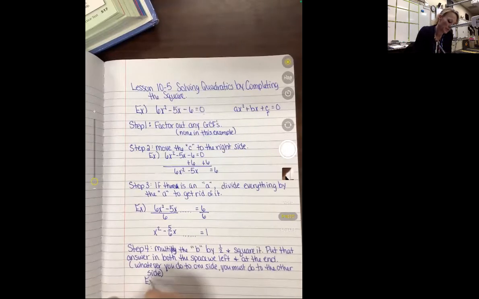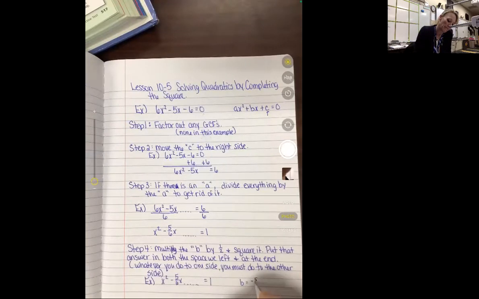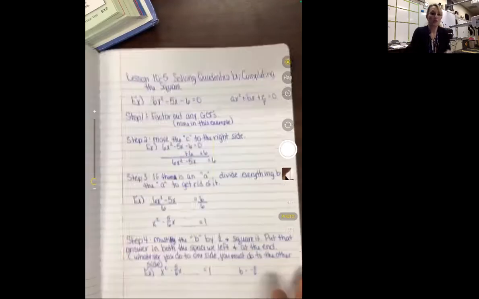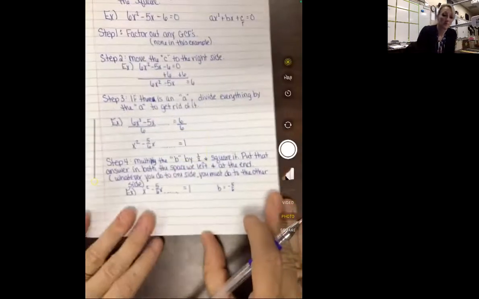Okay, so our example currently is x squared minus 5 over 6x, with our space, equals 1. So we're going to take our b, it's up here so you can see it.